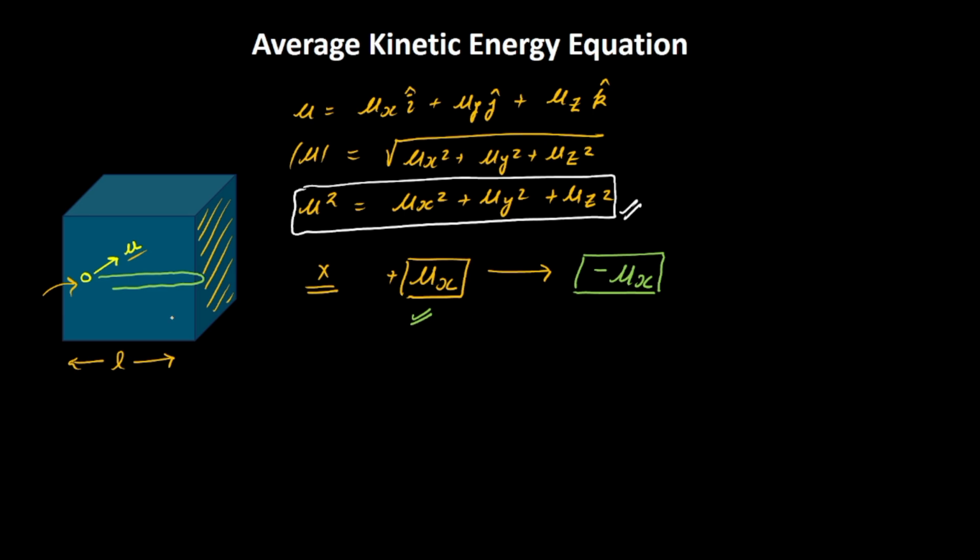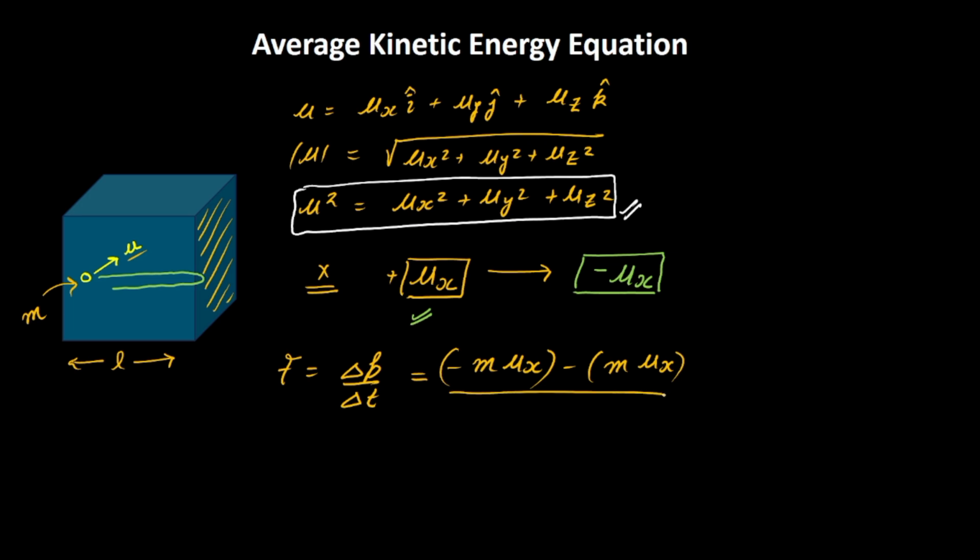If we have to find the force that this molecule exerts on the wall, force is equal to change in momentum divided by change in time. That is, force is equal to the rate of change of momentum. Let's say the mass of this molecule is small m. The final momentum would be equal to minus m into ux, and the initial momentum would be m into ux.